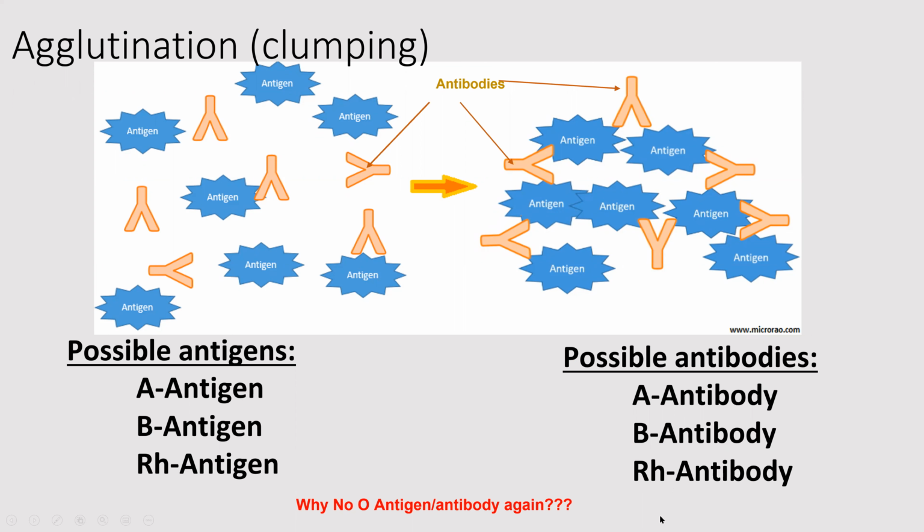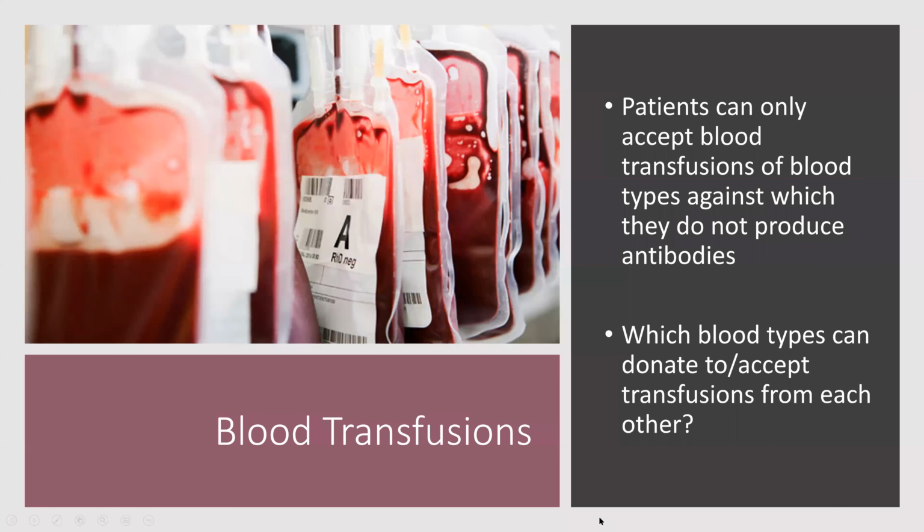And then of course, the possible antibodies are A antibodies, B antibodies, and Rh antibodies. So essentially, you can create an antibody for any antigen or surface tag that is possibly present. Like I said, O is the absence of an antigen, right? So that would make sense why there would be no O antibody. All right.